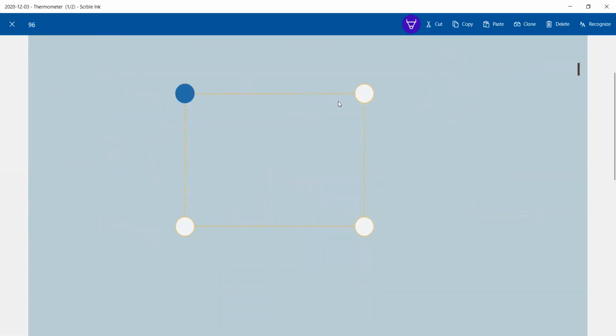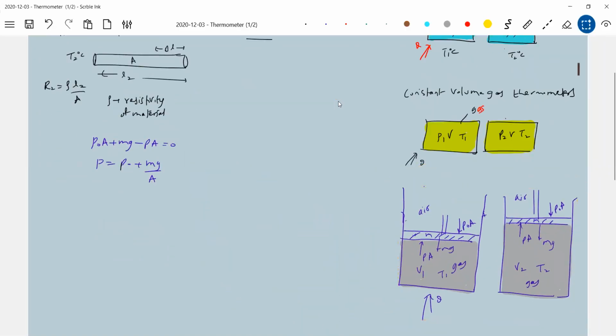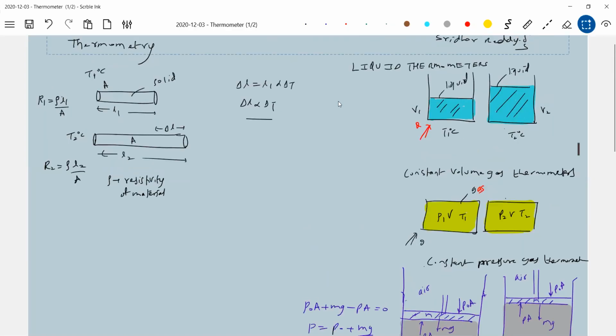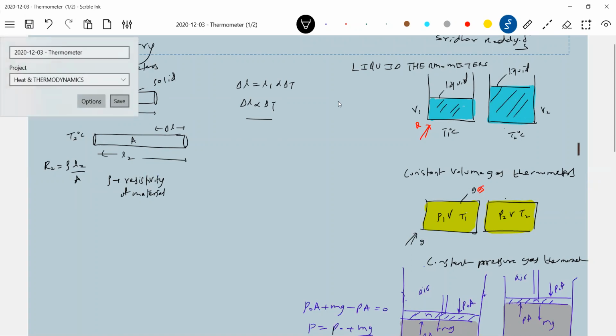Just simple ideas, nothing big, no? So a small basic observation you have to make. So this will be constant pressure gas thermometers. So let me segregate all. And this will be resistance thermometers. I think this will be much easier for students to really understand.